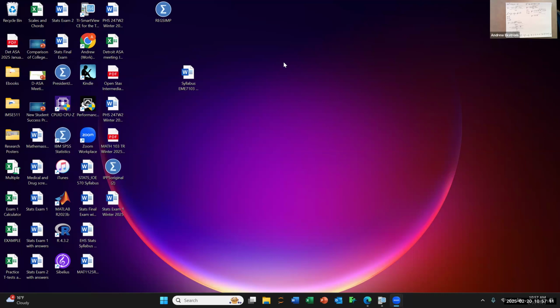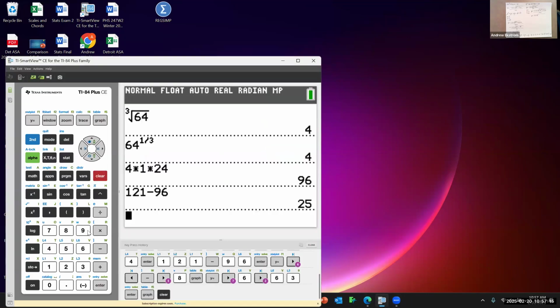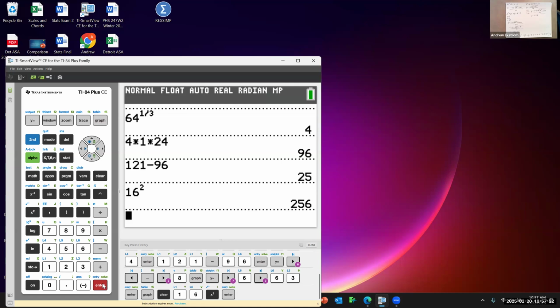So we now need negative 16 squared. I can just do that as 16 squared. That's going to be 256, minus 4 times 1 times 63.